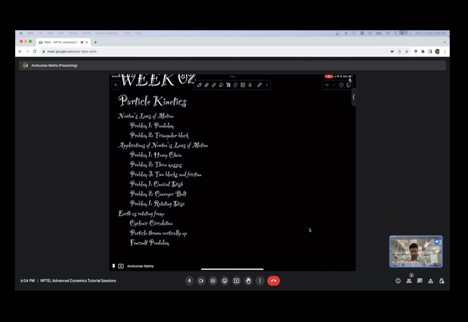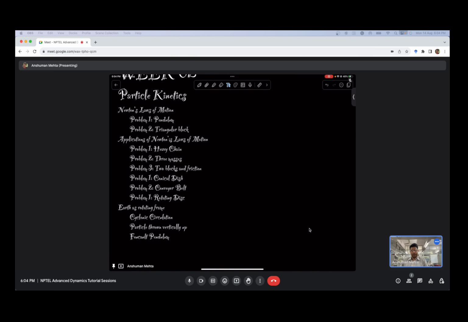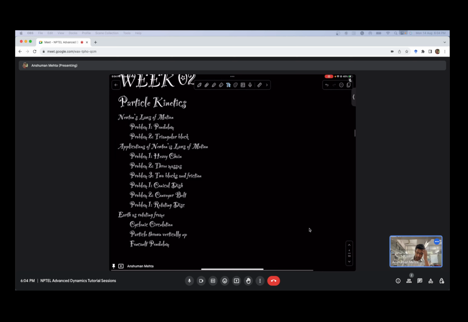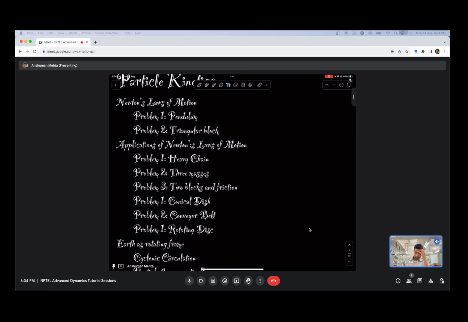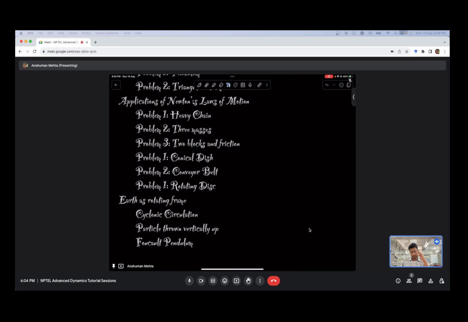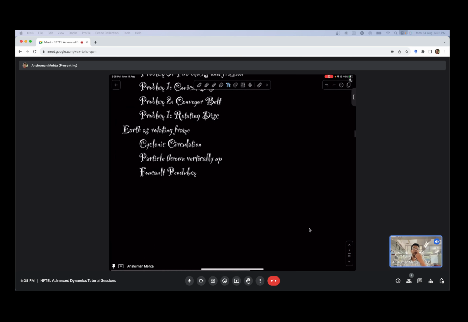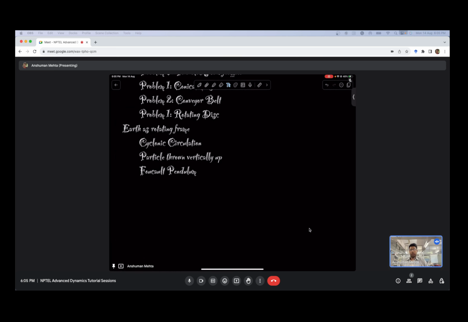So we had a lot of problems consisting of pendulums, triangular blocks, heavy chains, masses, blocks, friction, conical dish, conveyor belt, then rotating disc, and then we came to look at Earth as a rotating frame, and how cyclones are formed, cyclonic circulation, a particle thrown vertically up, latitude and longitude, and then Foucault pendulum.